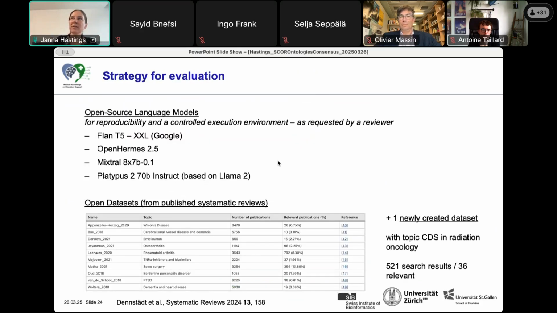In order to evaluate, we focused on open models. Most of you probably know there are different types of offerings of language models. Some of them are commercial and you can access the model via an API, but you can't run it yourself on your own machine because you can't download the model itself. And then on the other hand, you have open models.